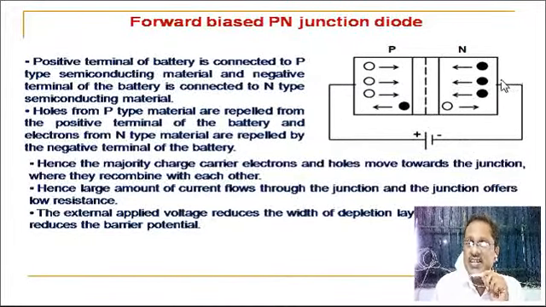During this condition, the majority charge carrier holes in the P-type semiconductor are repelled by the positive terminal of the battery and hence they move towards the junction. Similarly, the majority charge carrier electrons in the N-type semiconductor are repelled by the negative terminal of the battery, and they also move towards the junction.